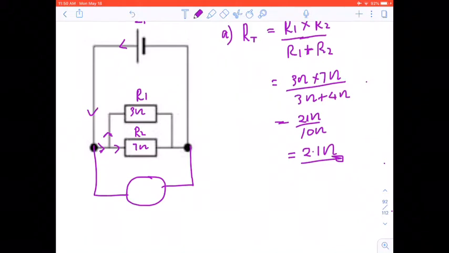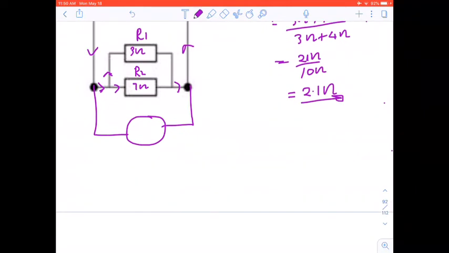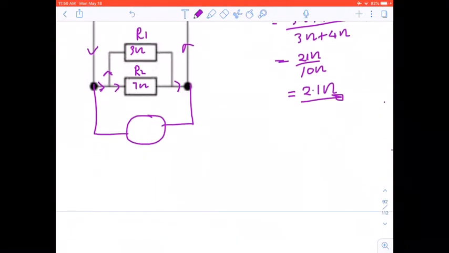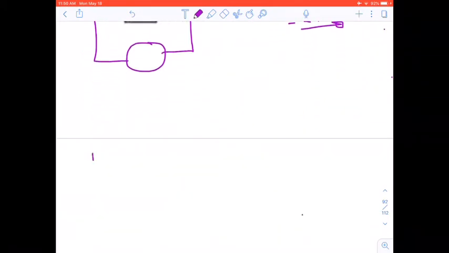Then it branches out and comes out there and goes back to the battery like that. So now we want to know what is the total current in the circuit. So we say, okay, B.